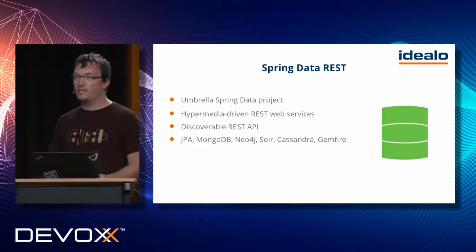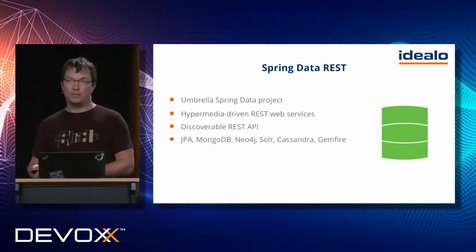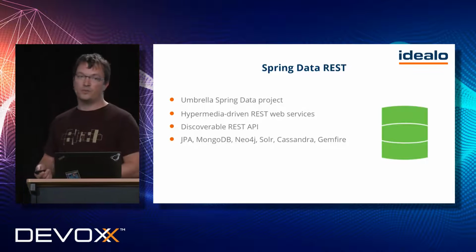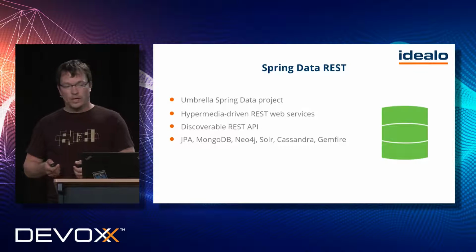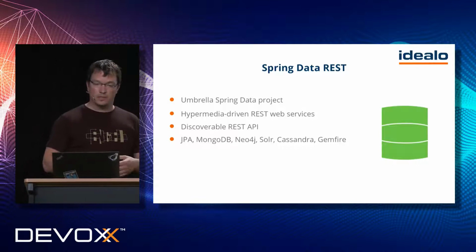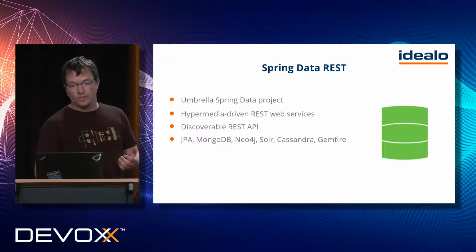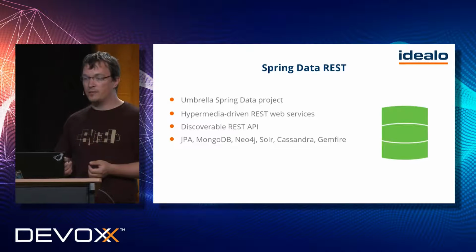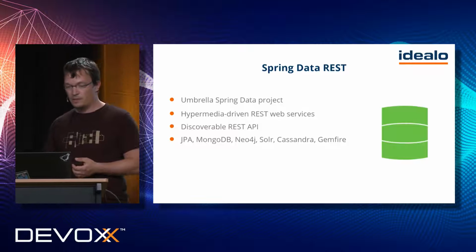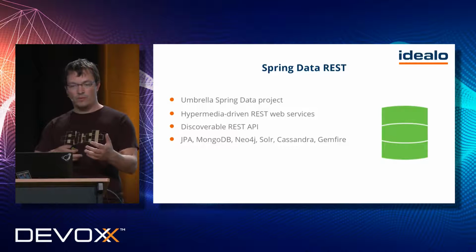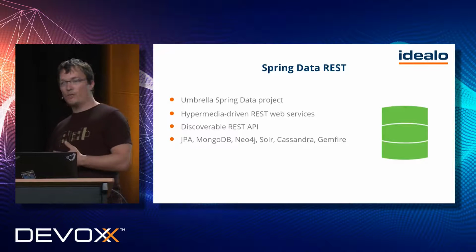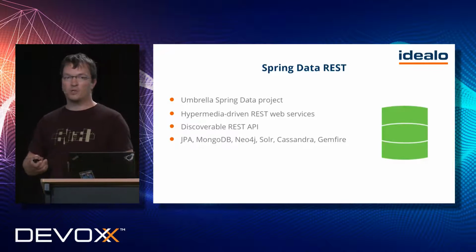Spring Data REST analyzes your domain model, the documents or entities you define within your project, and builds hypermedia-driven REST web services out of that. So you can get a discoverable REST API, and for example, you could navigate within your data without knowing code or domain models and so on.